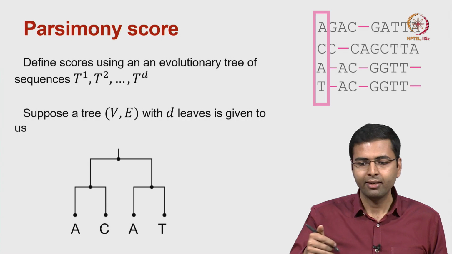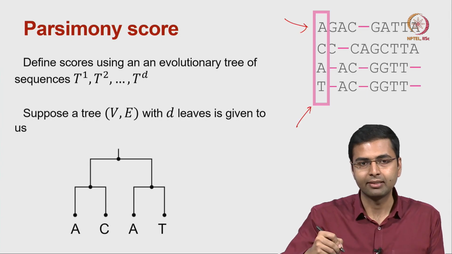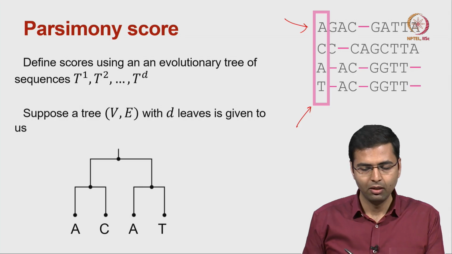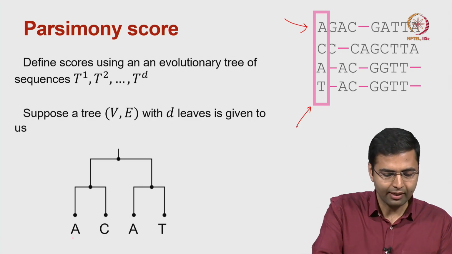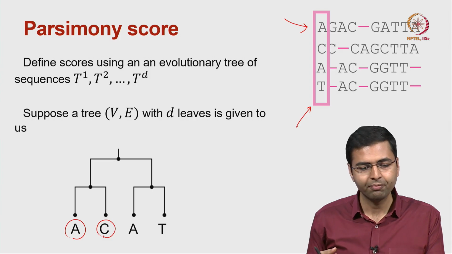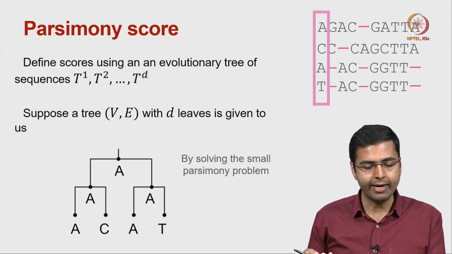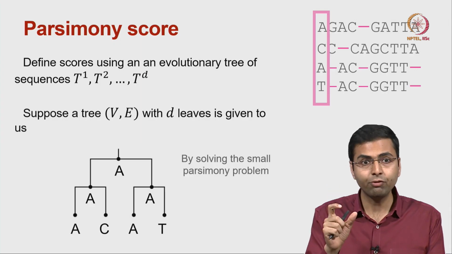Let us consider this example and the first column of this matrix. For this, the labeling of the leaf nodes will be A, C, A, T, and let us say that we solve the small parsimony problem and identify the labels of internal nodes as well.